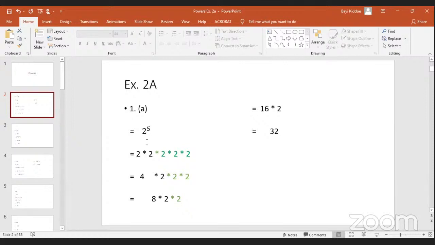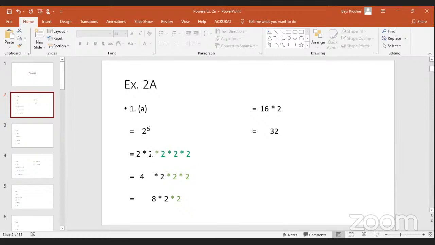So 2 to the 5th power is equal to, and as we have said before, the power, the small number at the top right hand side of the number, represents how many times you're going to multiply the number by itself. So that's 2 times 2 times 2 times 2 times 2. That's five 2s, so we're multiplying 2 by itself, five quantities of 2.